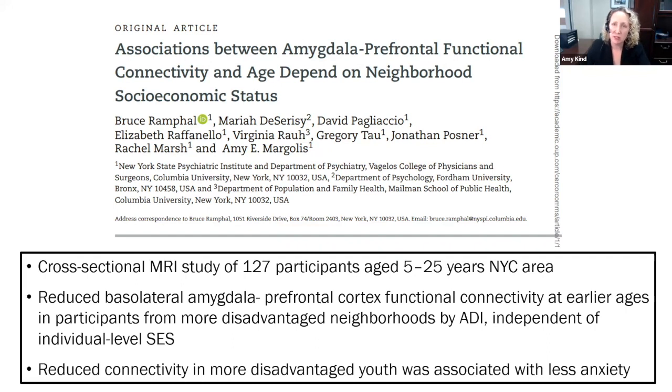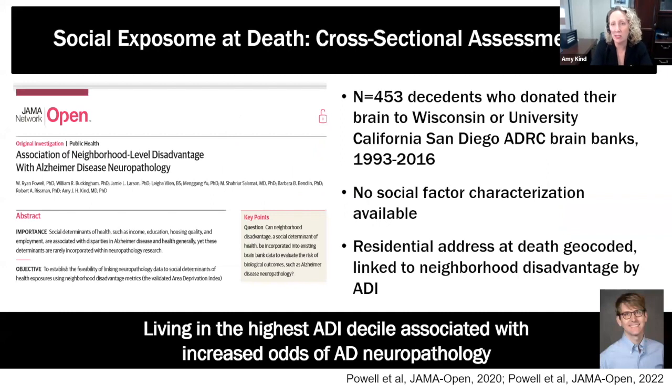But the gold standard in Alzheimer's disease is not made just with imaging alone. It is made, well, this type of imaging in particular, it is made with tissue. And so we wanted to ask, could we take neurotissue and add back social factors in a way that helped us to understand more about these tissues?